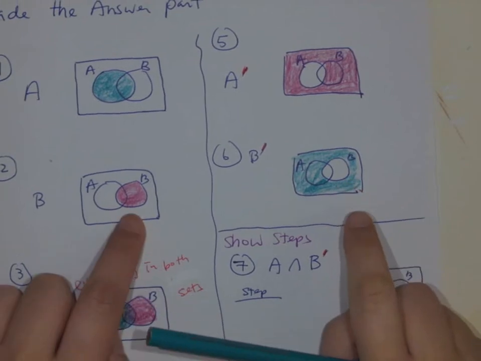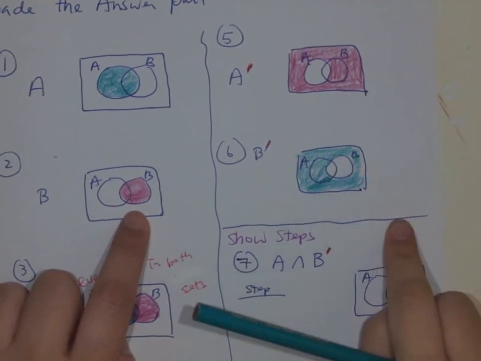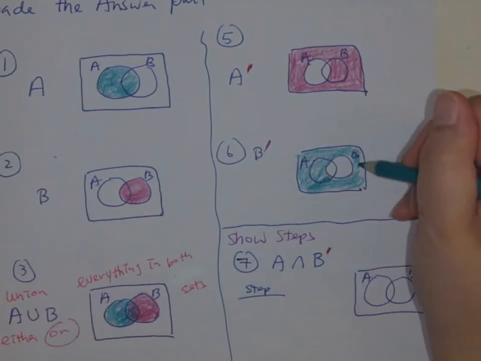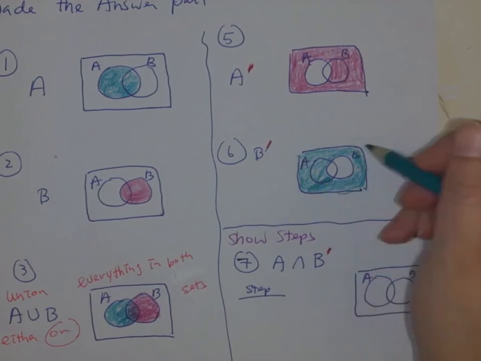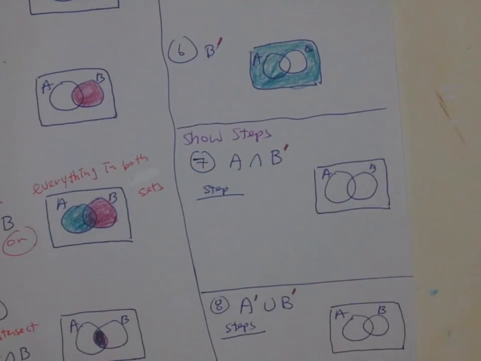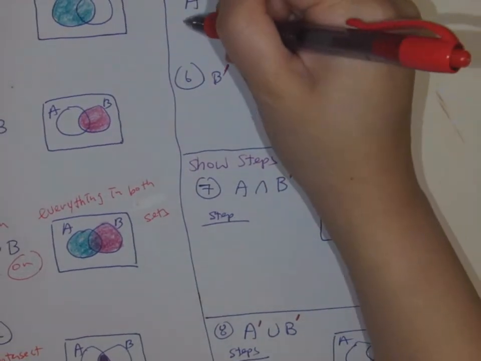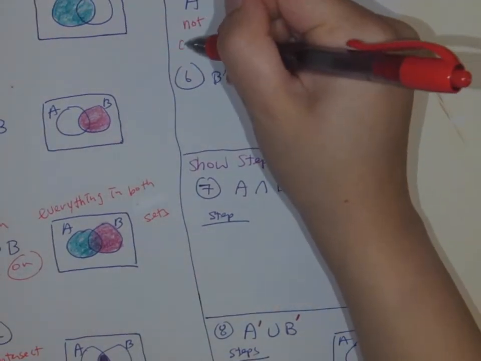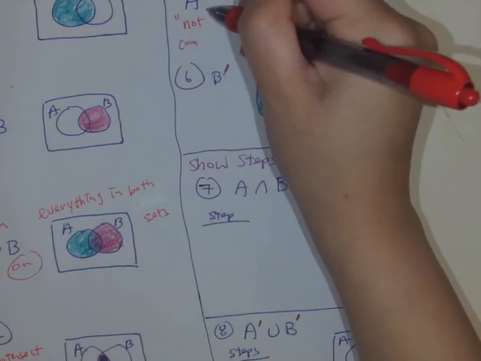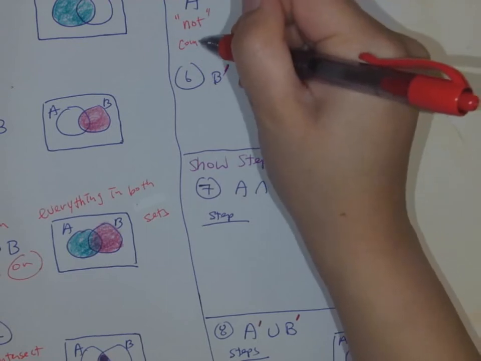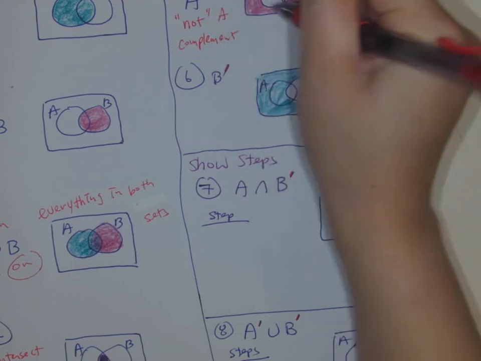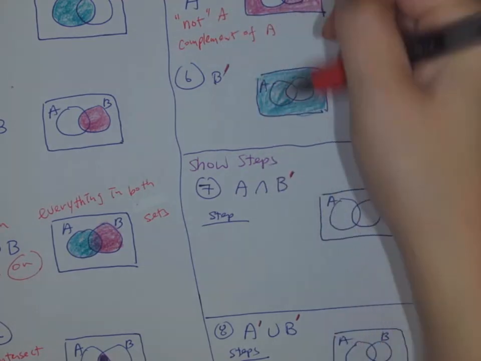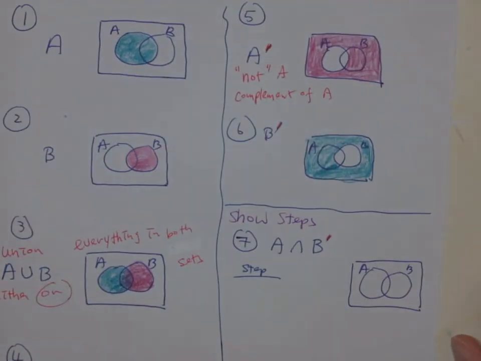You will fill out the whole universal set, right? So they're complements of each other. Now, the keyword "not" means complement. So you can say not A or complement of A. Either way is correct.